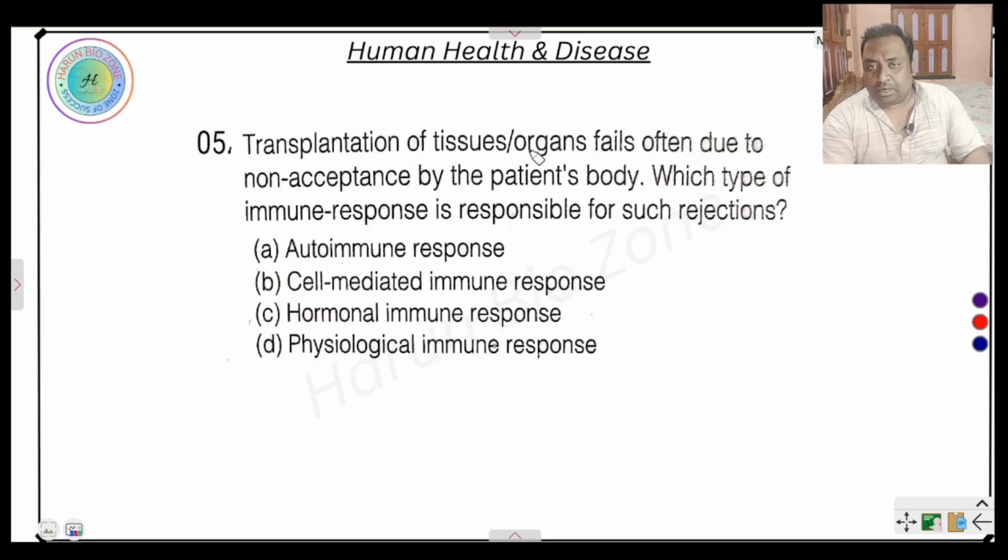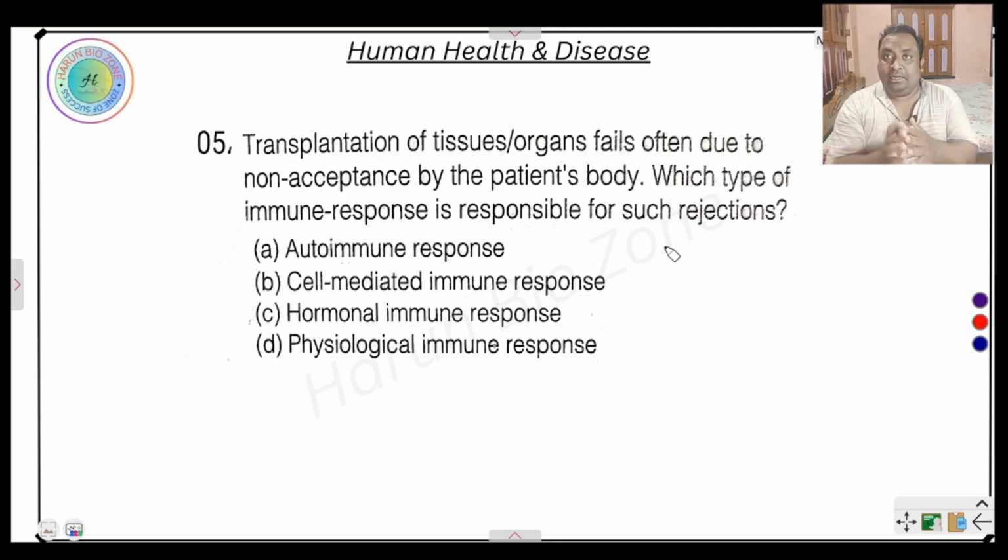Next question, transplantation of tissue or organs often fails due to non-acceptance by the patient's body. Which type of immune response is responsible for such rejection? Suppose you transplant a kidney from a donor to a recipient, but the recipient body does not support this kidney. Why? Transplantation is very easy when both the donor and recipient are genetically closely related.